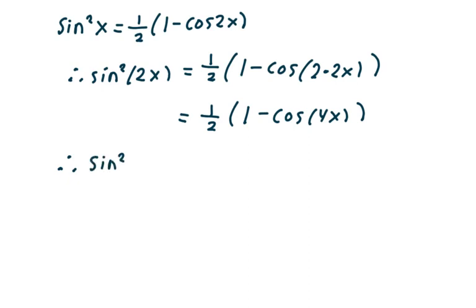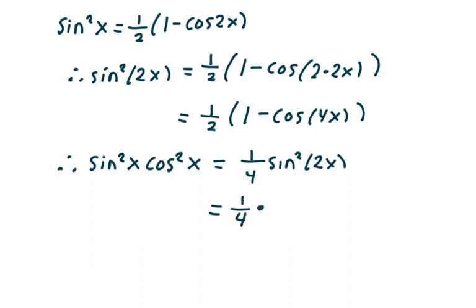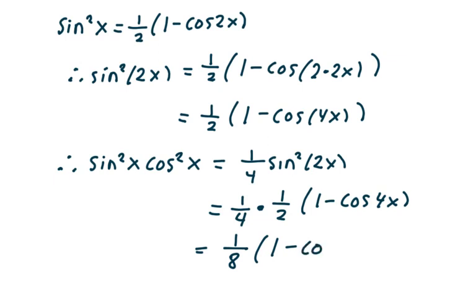sine squared x cosine squared x. So what I have is 1/4 sine squared of 2x. But this is 1/4 times 1/2 of 1 minus cosine 4x. But 1/4 times 1/2 is 1/8. So this is 1/8 of 1 minus cosine of 4x.